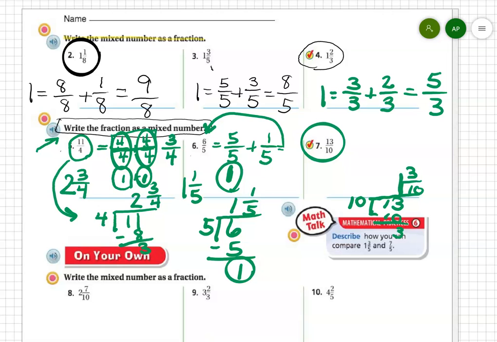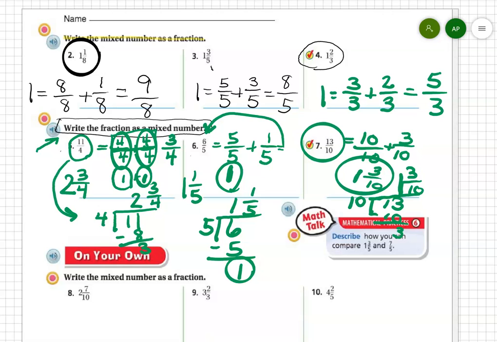So I've got 1 3/10 as my mixed number. But I can also think of this as 10/10. That gets me to 1 plus 3/10. So my mixed number would be 1 3/10.